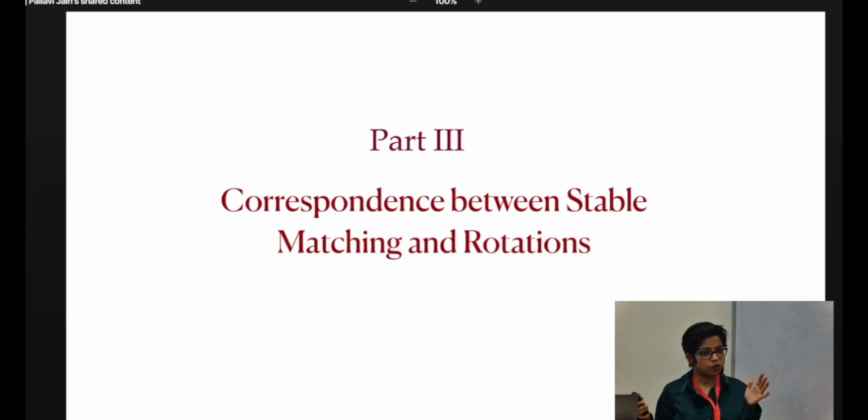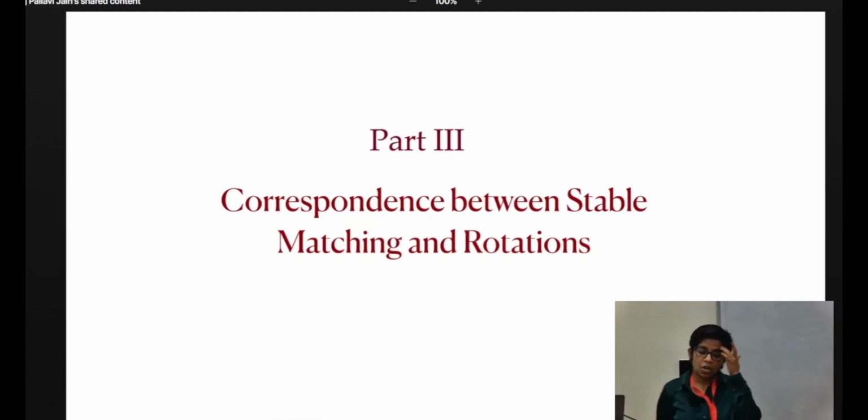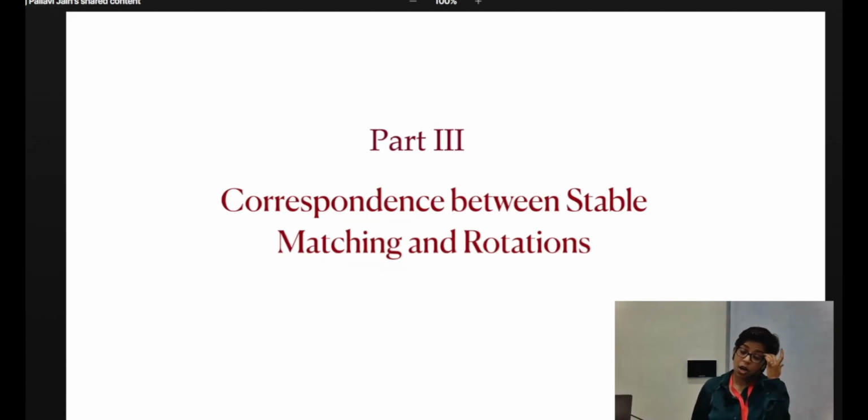So if you want to find a property about stable matchings, what does this bijective correspondence give? It allows us to rephrase the question about stable matchings purely in terms of these rotation objects, which are cycles on sparse graphs and so on. The hope is that this gives us a much more algorithmic tool to analyze.